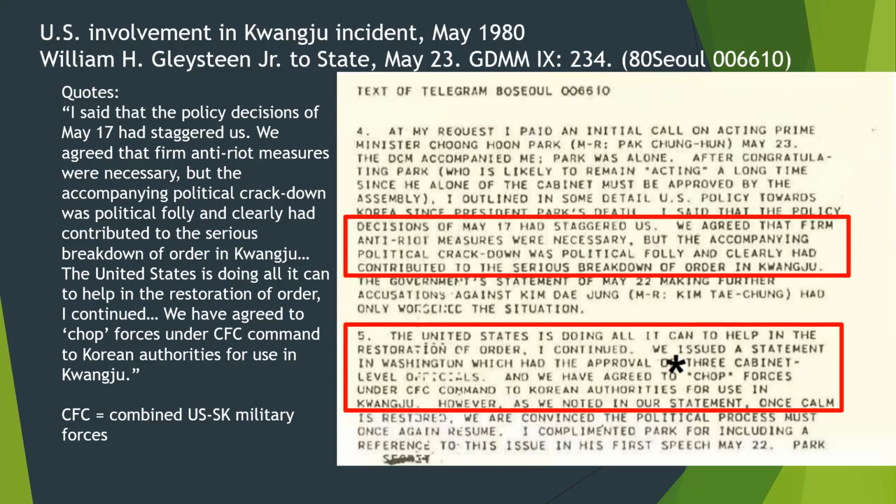So what do you think? This is really the biggest piece of evidence that there was some communication about the incident and the US did have an opinion prior. But based on this, what does it seem like the US involvement in the Gwangju massacre really was?